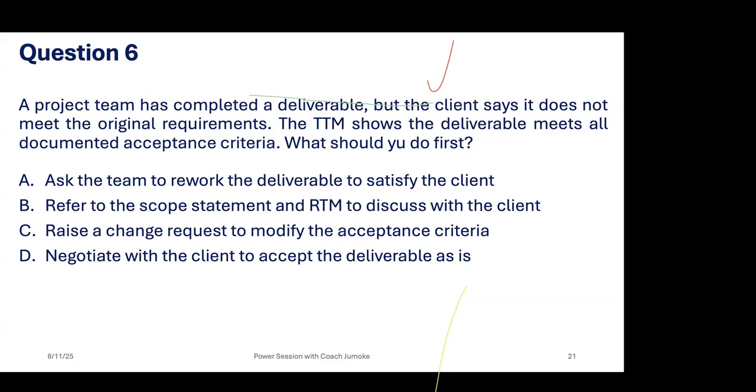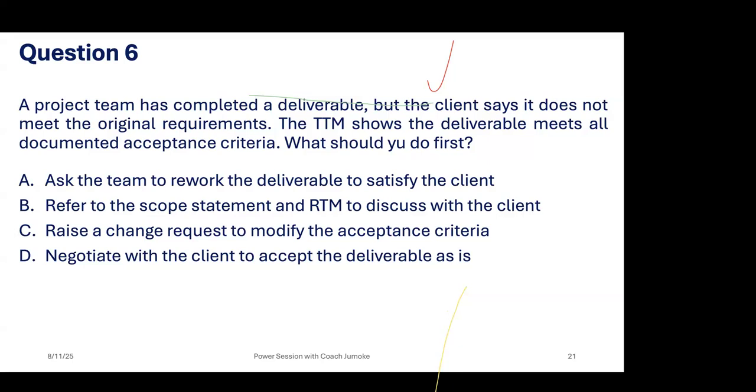You have a scope already, but as the project progresses, and maybe there are additional deliverables, doesn't it mean that you have to keep refining and updating the scope statement to the latest version before the project is completed, and that latest version is what you refer to in this case?